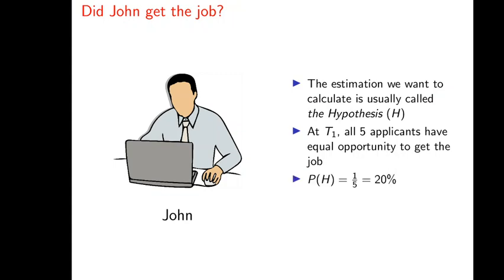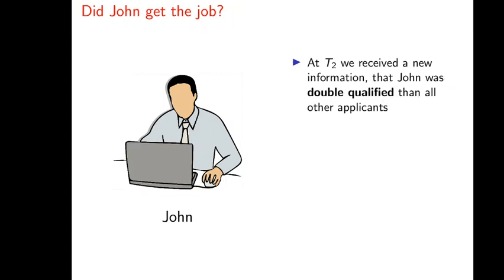Then we can express the hypothesis or probability of H equal 1/5 or 20% chance, which is equally likely to go through any applicant, including John. The first estimation in Bayes' theorem is usually called the prior estimation, and we express it as probability of H.